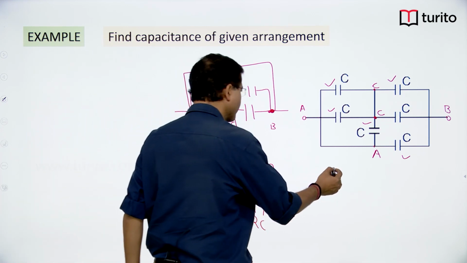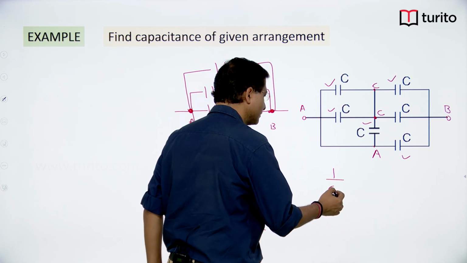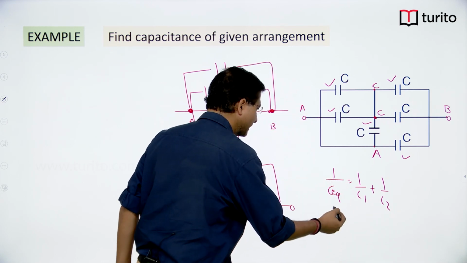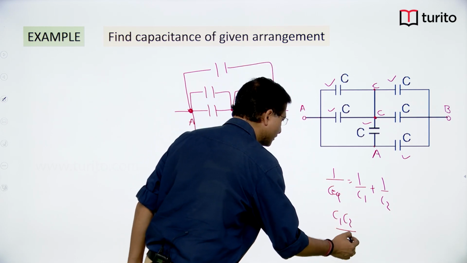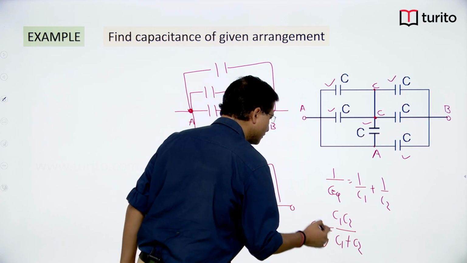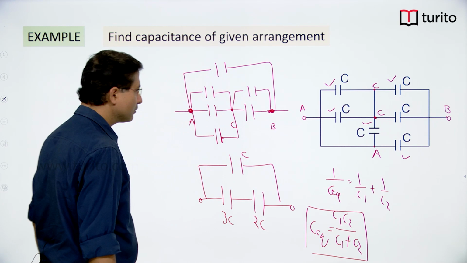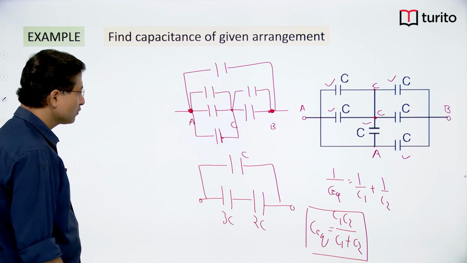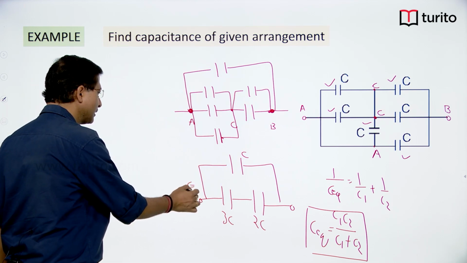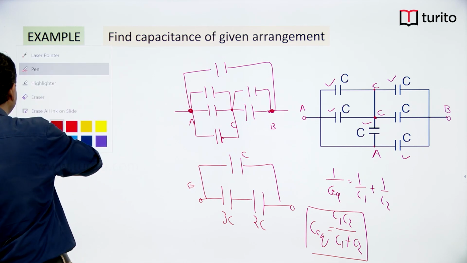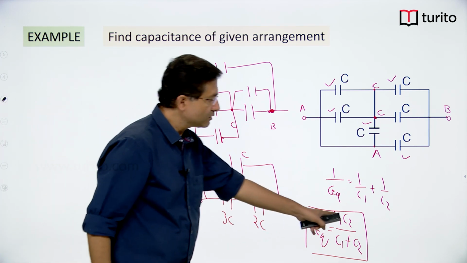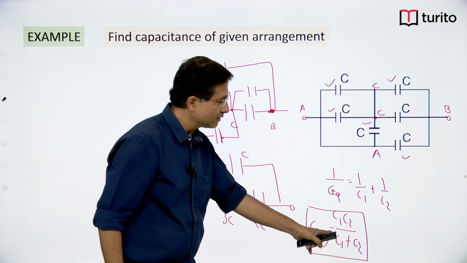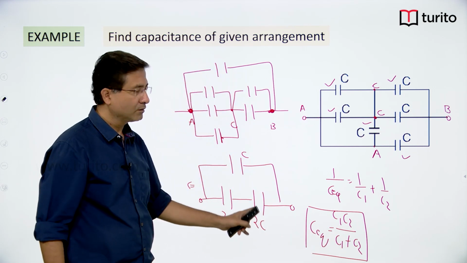The formula is 1 upon C equivalent is equal to 1 upon C1 plus 1 upon C2. That can be written as C1 C2 upon C1 plus C2, that is C equivalent. So for series combination I can apply the formula C1 C2 upon C1 plus C2. 3 into 2 will give you 6, and 6 divided by 3 plus 2, which is 5.